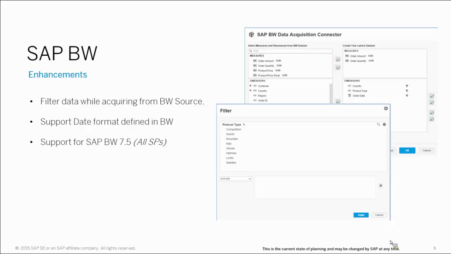There is a support for date format defined in BW. A user might have defined a certain date format in his profile, and when acquiring from SAP BW, the same date format would be respected during acquisition. There is a support for SAP BW 7.5 with 1.30, and that would be for all SPs.